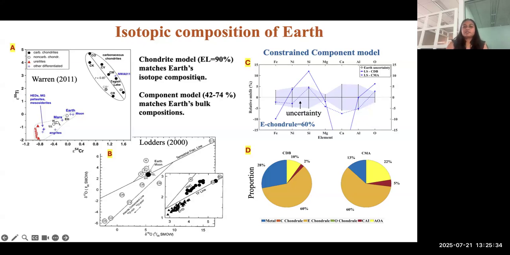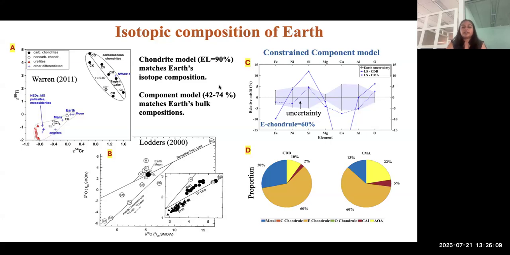That chondrite model, as I have already shown, doesn't work for Earth's major element composition, but it does match the isotopic composition. However, the component model matches Earth's bulk composition, but it doesn't do a good job for Earth's isotopic composition. So in this case, I chose to run another component model, fixing the E-chondrule fraction to be 60%.